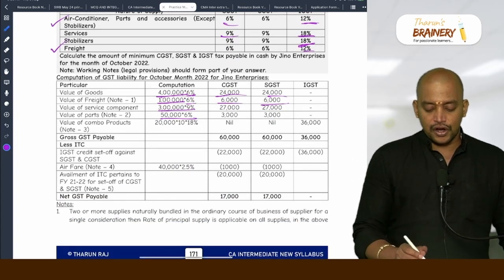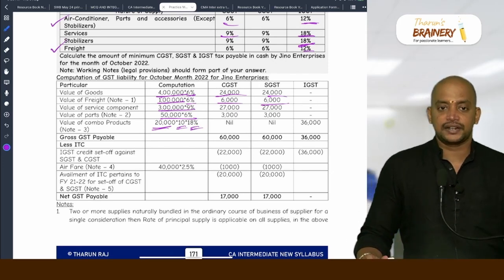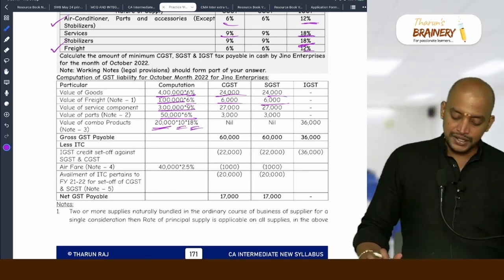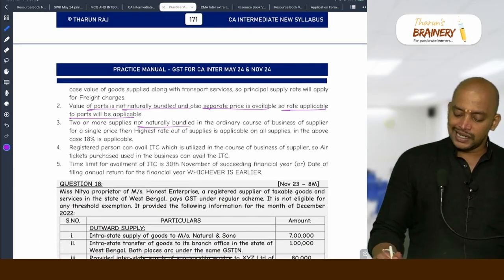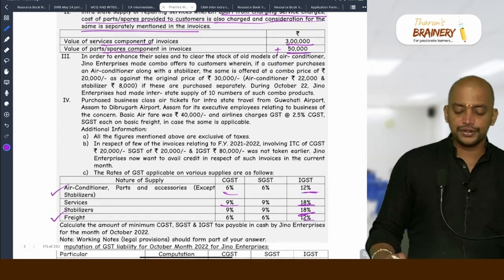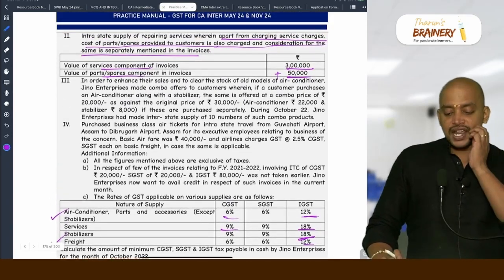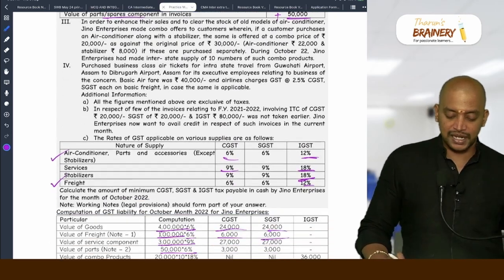So, therefore, on this 20,000 into 10 into 18% will be taken, mixed supply. See note 3: two or more supplies not naturally bundled and highest rate will be taken, therefore 18% is applicable. You understood? So, everything is related to composite supply, mixed supply, individual supplies.